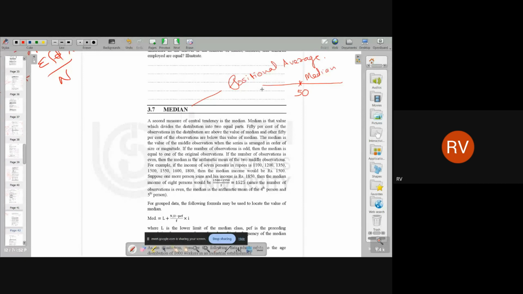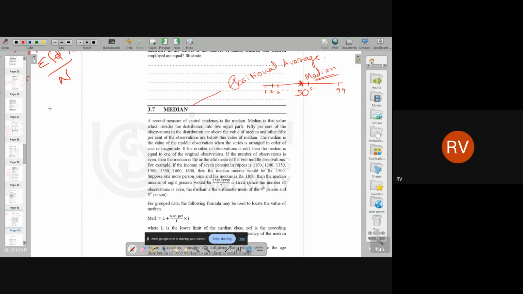Therefore, this is 1, 2, 3, etc., 50, 51, 52, etc., up to 99. Then the middle position is 50. This is called the median. The median is the middlemost observation when the observations are arranged in ascending or descending order.